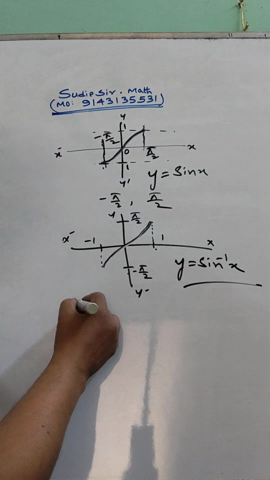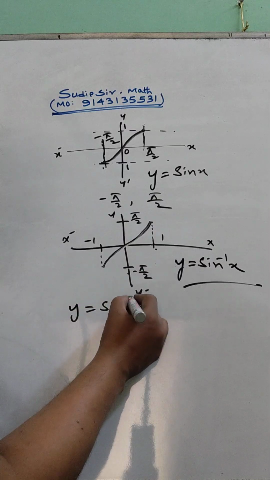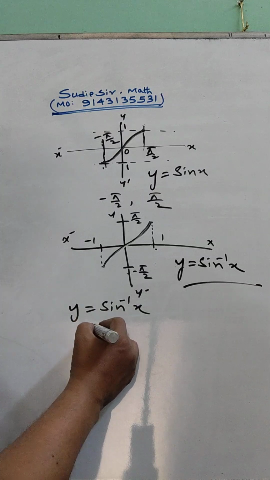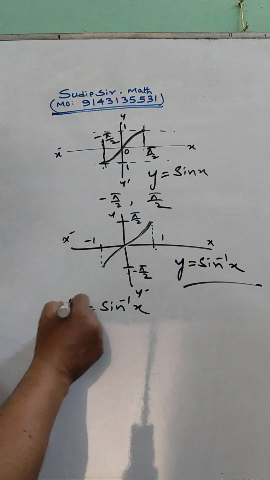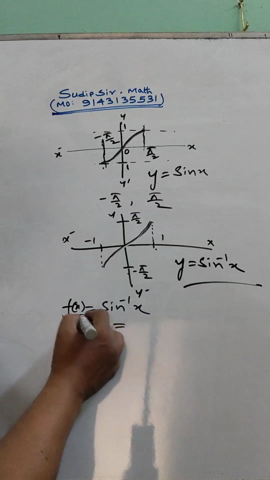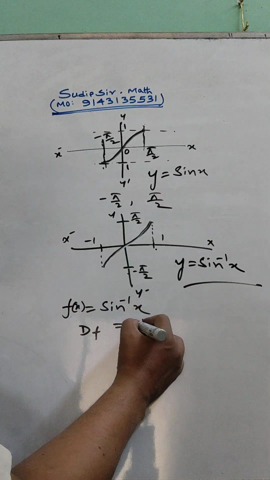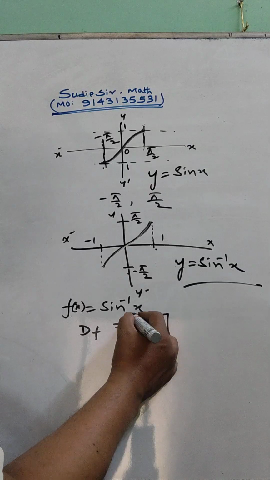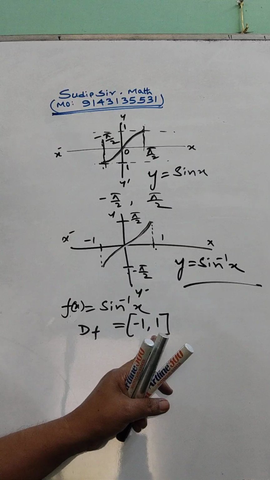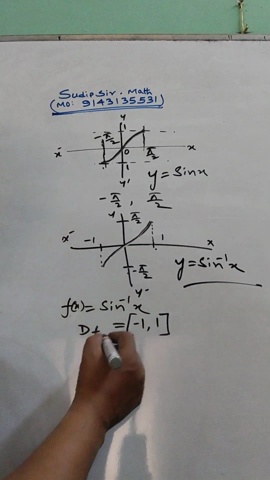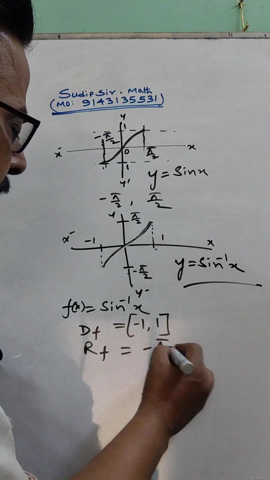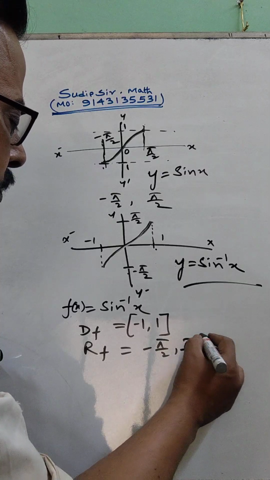For y equal to sin inverse x, the domain of the function is minus 1 to 1, and the range of the function is minus pi by 2 to pi by 2.